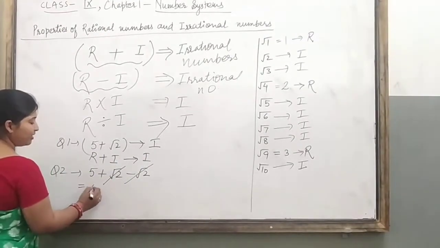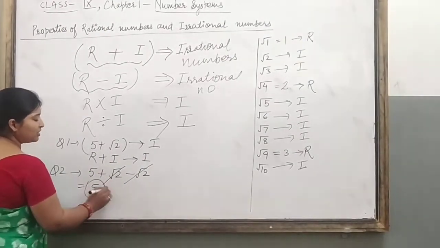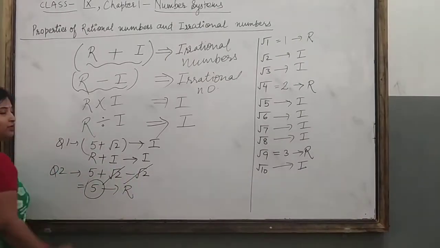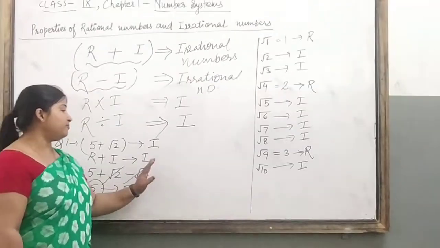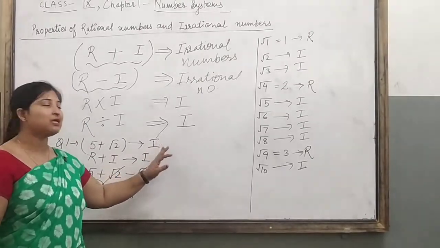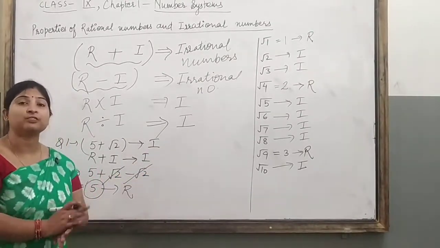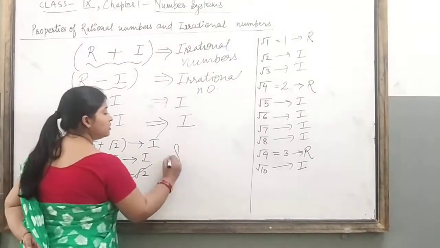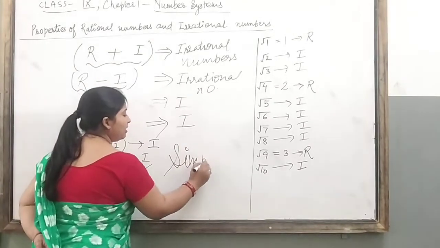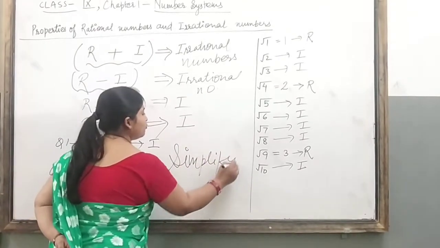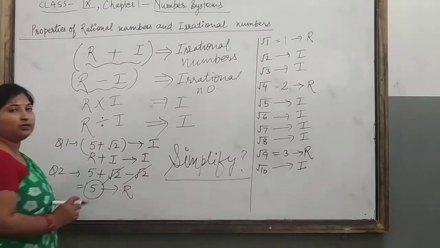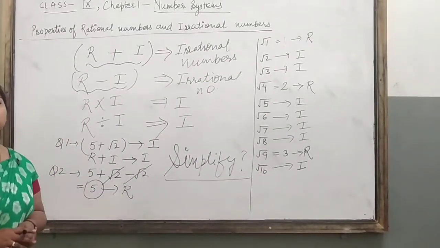So what are we getting? 5. And is 5 rational or irrational? Yes, it is a rational number. Understood? So whenever they ask you to classify as rational or irrational, first you have to simplify. Only after simplification will you decide what type it is.